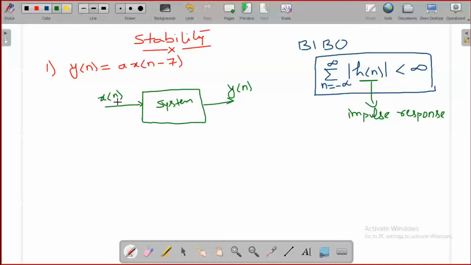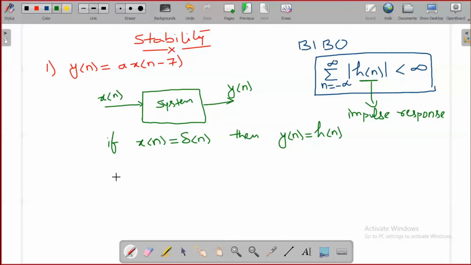That means if the input is an impulse, then the corresponding response is called the impulse response. Then y of n becomes h of n.